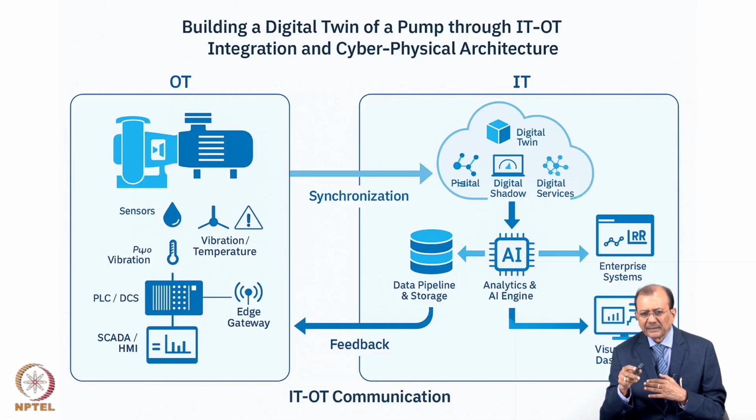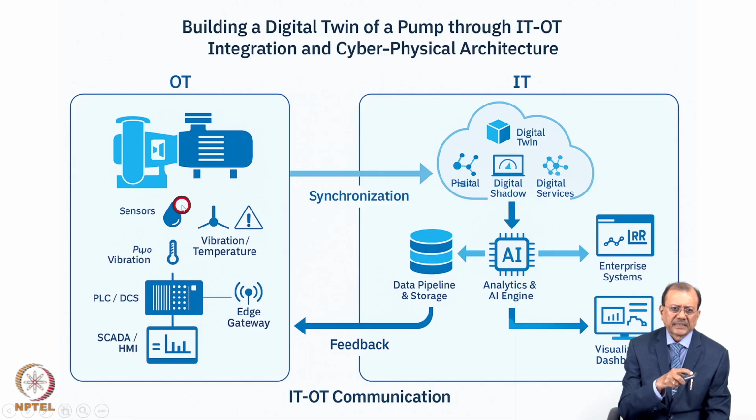Here is a pictorial depiction of this concept of OT and IT integration. On one side we see the OT systems like sensors and PLC, which I have mentioned. Then through the Edge Gateway, the data or information is sent to the IT system, where processing is done.